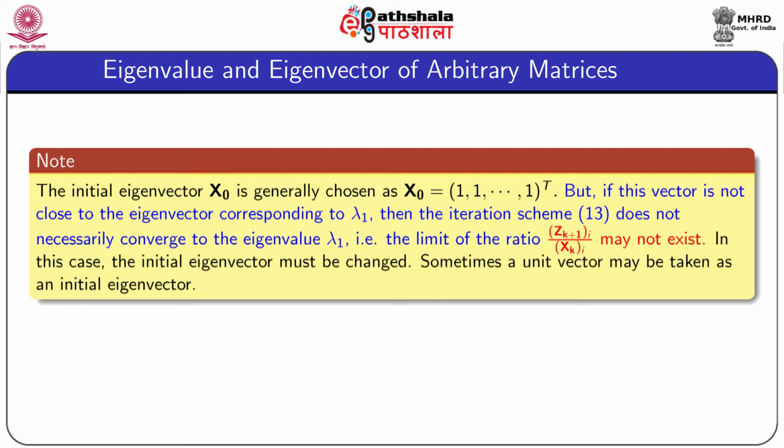In this case, the initial vector must be changed. That means in this case we can take the initial vector x0 as the unit vector or any other vector. Sometimes a unit vector may be taken as the initial eigenvector corresponding to the eigenvalue lambda 1.